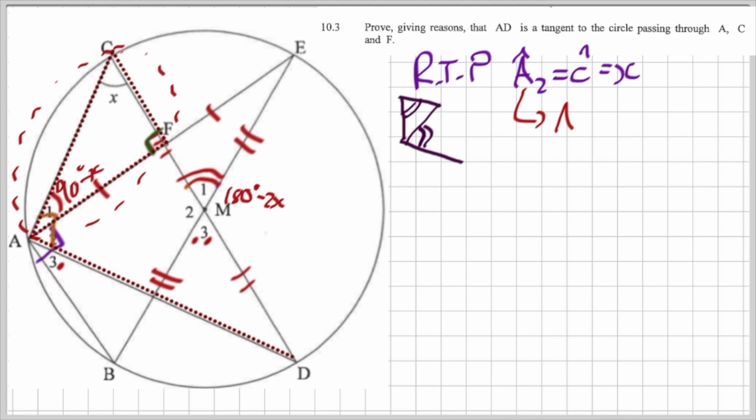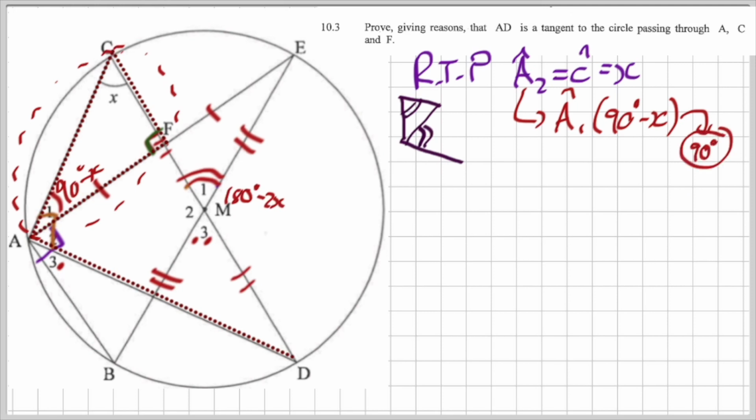So what do I know about A2 if I think back to the beginning? Well, it relates to A1.